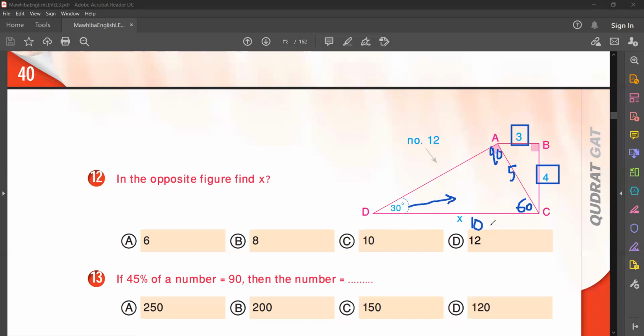So x is 10. And the length opposite the 60 is 5 square root of 3. But he wants x only. So the answer is C.